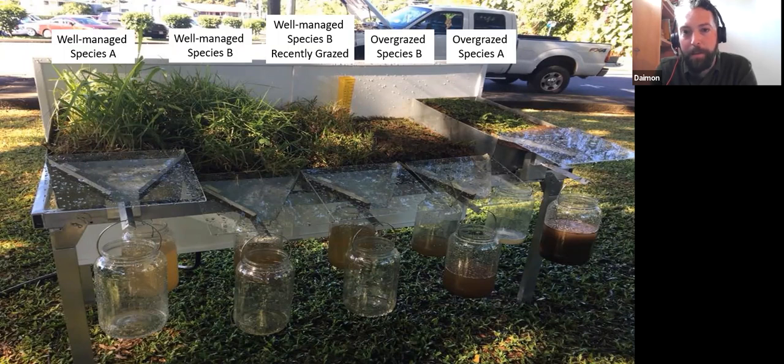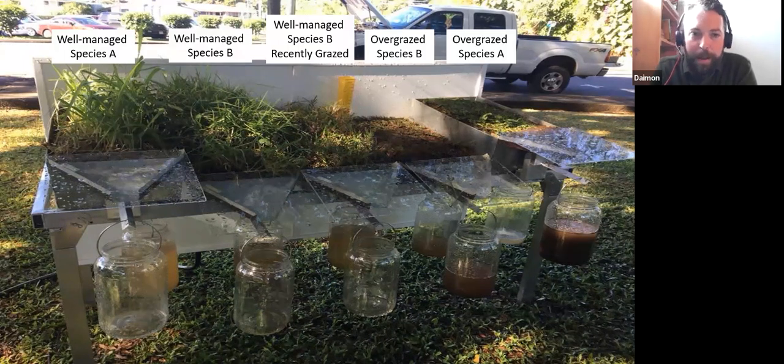So on the very far right, you've got an overgrazed species A, which is the same as the one on the very far left, species A. You can see all the surface runoff comes out in that front bucket, and then down in behind you can also see the bucket that has just a little bit in it, and that's the water that infiltrated through that sample of soil.